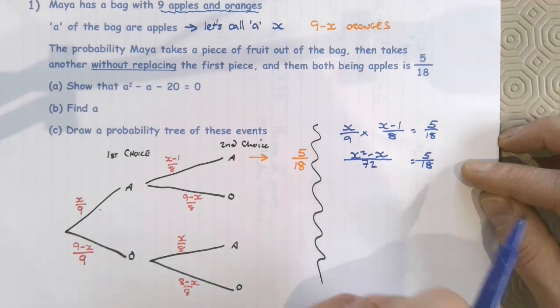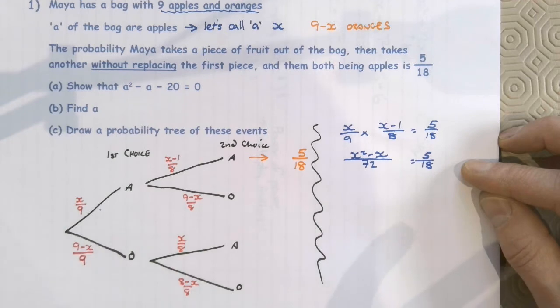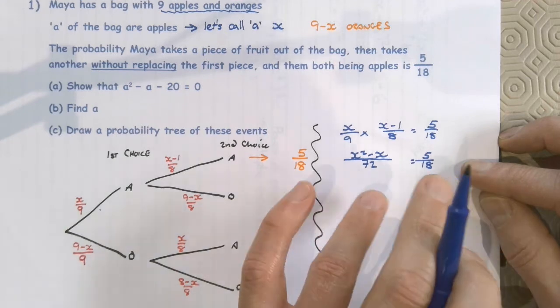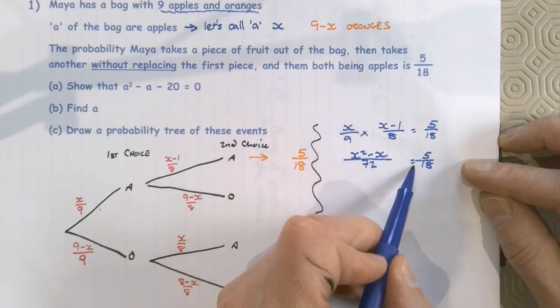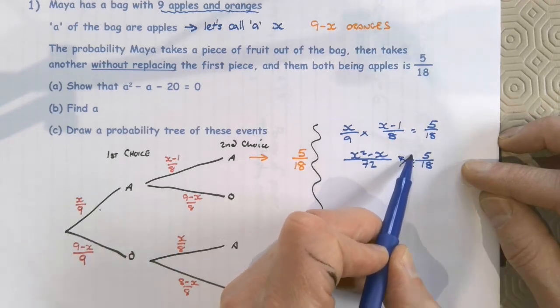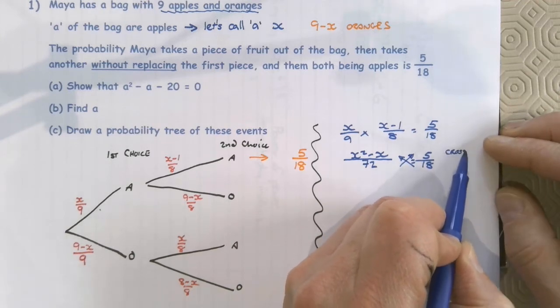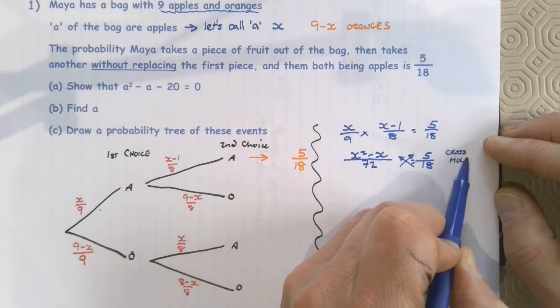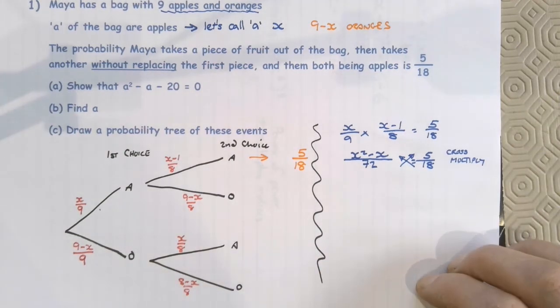So to get rid of the 18, I'm going to multiply both sides by 18. And to get rid of the 72, I'm going to multiply both sides by 72. So this is a technique in algebra called cross-multiplying. Okay, so we're going to cross-multiply that.